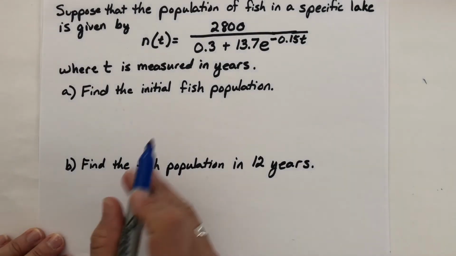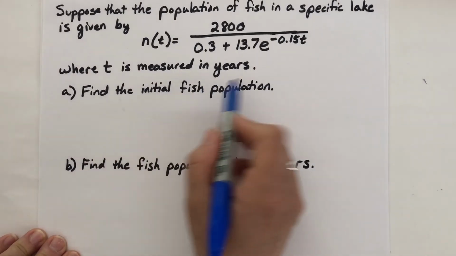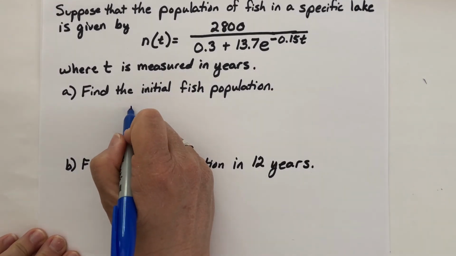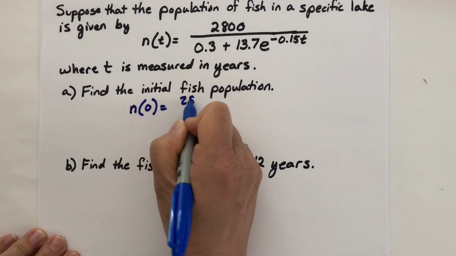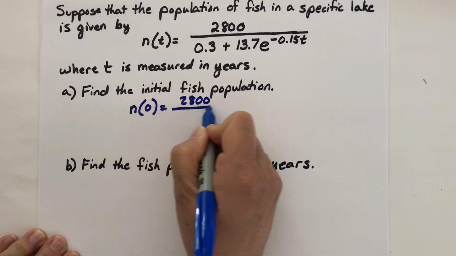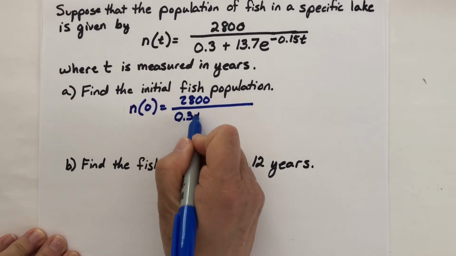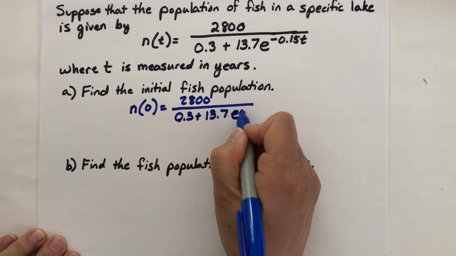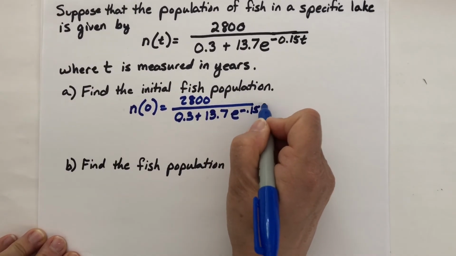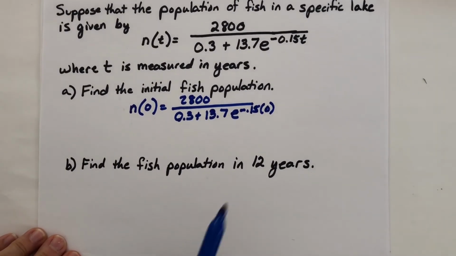So let's just practice using this equation. I'm going to put in time 0. So we'll have n of 0 equals 2800 divided by 0.3 plus 13.7 e to the negative 0.15 times 0. Now we could grab our calculator, but I think it'd be kind of fun to just do this one by hand.